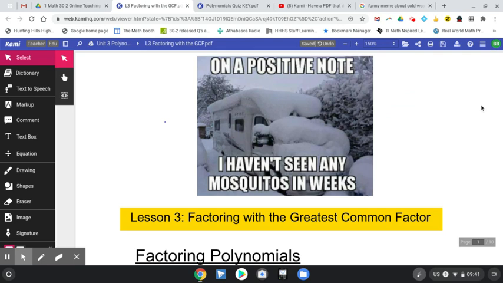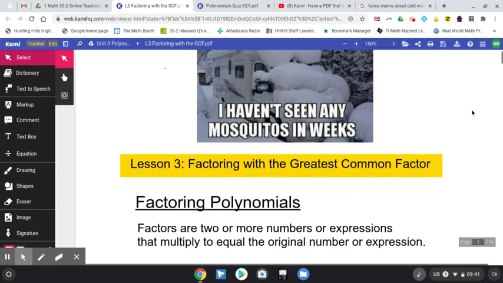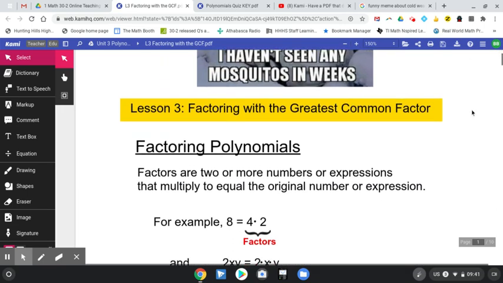All right, we are getting into our factoring. And we'll be factoring for the rest of this unit. This is that big topic I've been talking about and how it will carry over to grade 11 and grade 12. Today's lesson is really like the building blocks of factoring. So I want you to be sure that you understand as we go along.